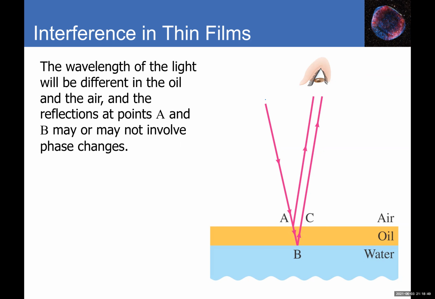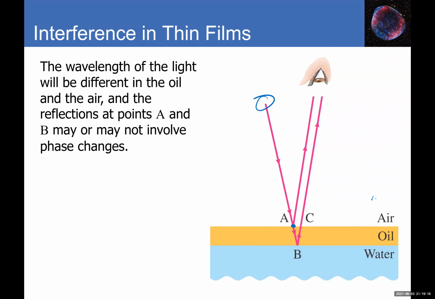Let's say this is the incident light over here, from some kind of source. Then the light is incident at point A. So you have three different mediums: air, then oil on top of some water. That means you have air, oil, and water.